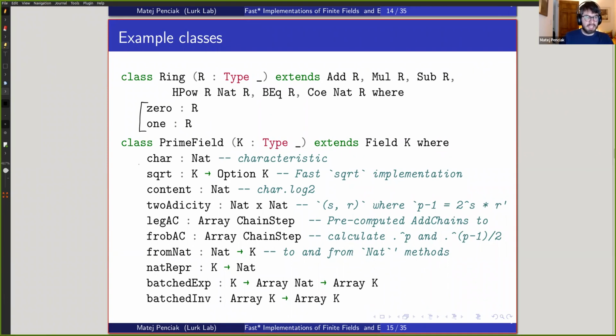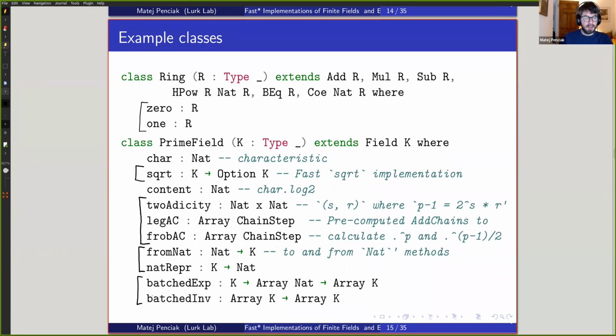Here you'll see that it allows us to take square roots, which we have implemented using the Tonelli-Shanks algorithm. It has some pre-computed values, which I'll say some words about in a bit. It has some ways of representing and coming from natural numbers. And finally it has some batched arithmetic operations.